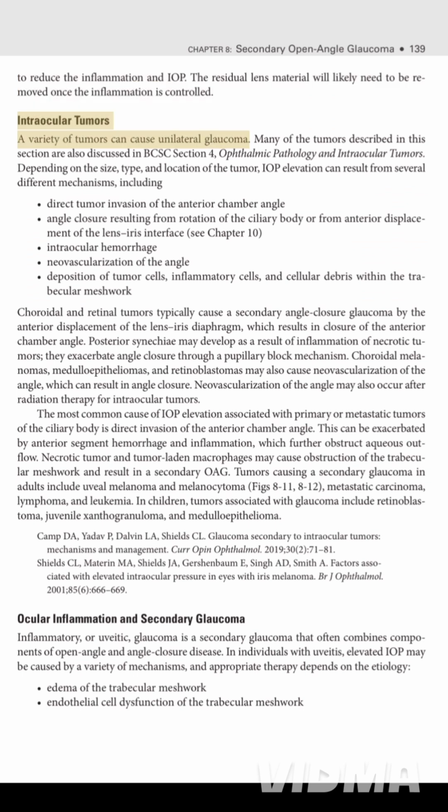Intraocular tumors. A variety of tumors can cause unilateral glaucoma. Many of the tumors described in this section are also discussed in BCSC Section 4, Ophthalmic Pathology and Intraocular Tumors.